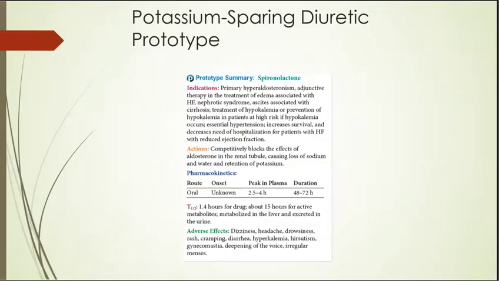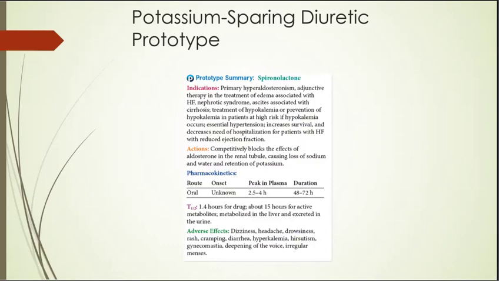Here is our prototype, Aldactone, also known as spironolactone. It works in the distal tubule and collecting duct. It blocks aldosterone, so you lose sodium and water, but save the potassium. It's used for heart failure, hypertension, edema, cirrhosis, and hyperaldosteronism. The major effect is hyperkalemia.